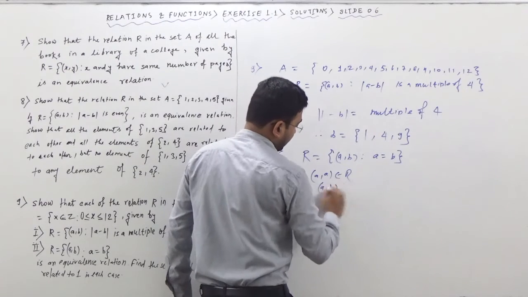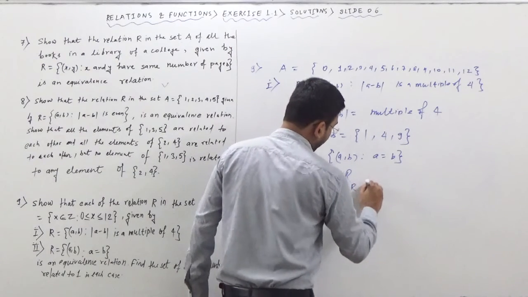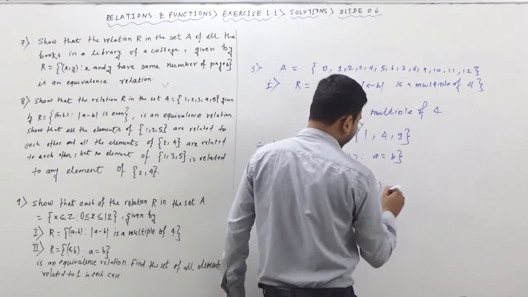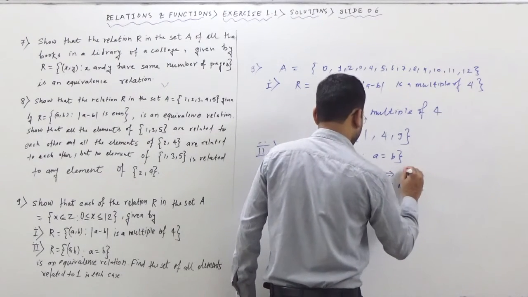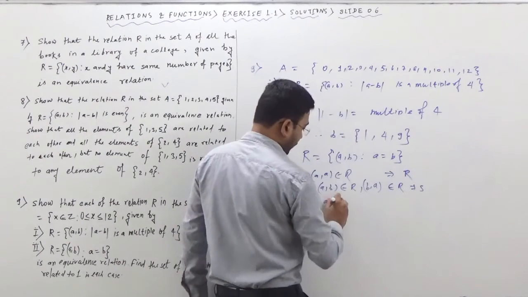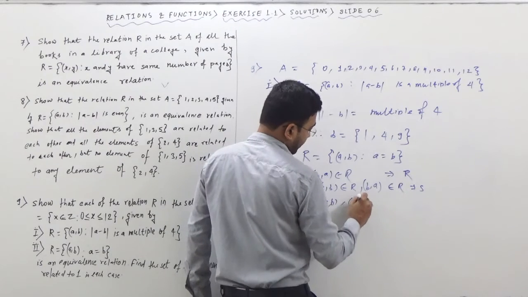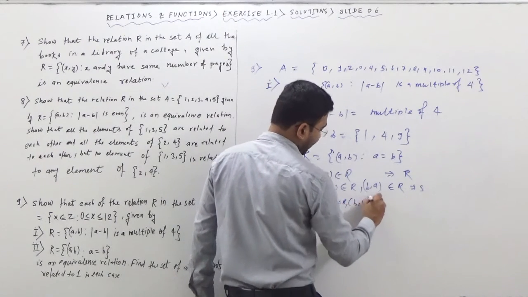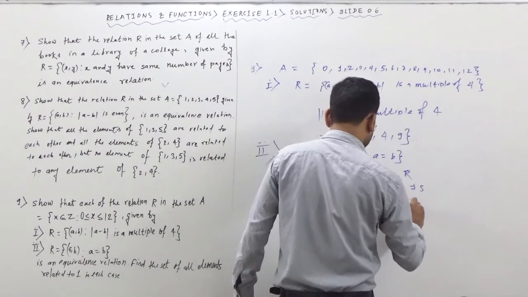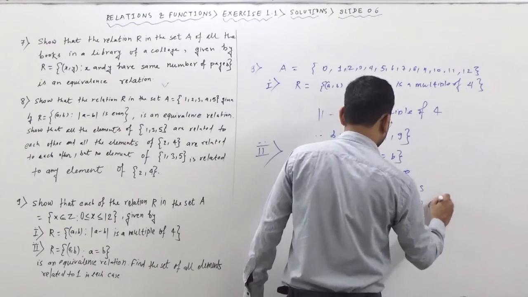If (A, B) is there, then (B, A) also is going to be there, because they both are equal. This is symmetric. This is reflexive. And (A, B), (B, C): if (A, B) belongs to R and (B, C) belongs to R, then of course we can say (A, C) is also going to belong to R.